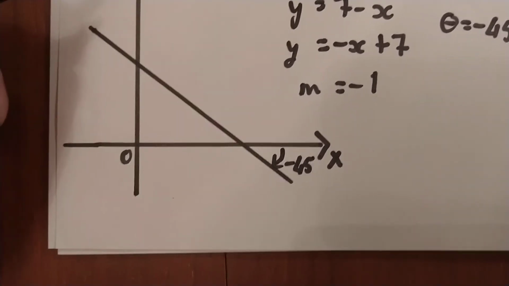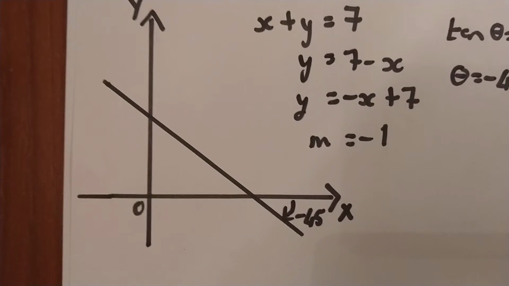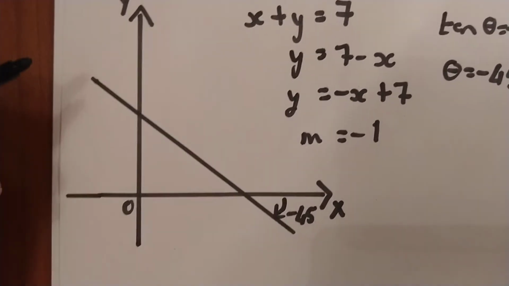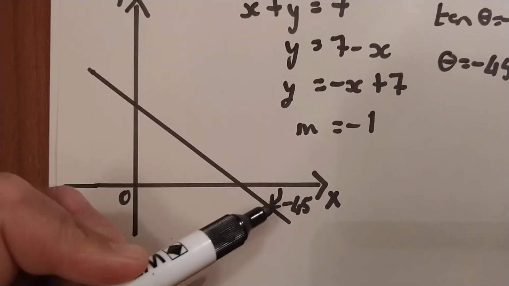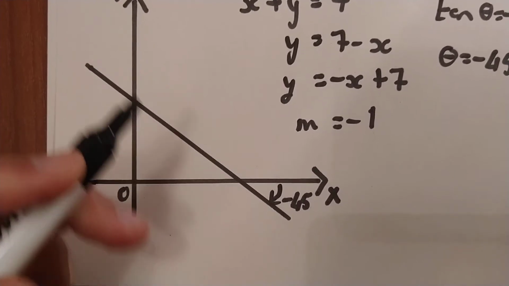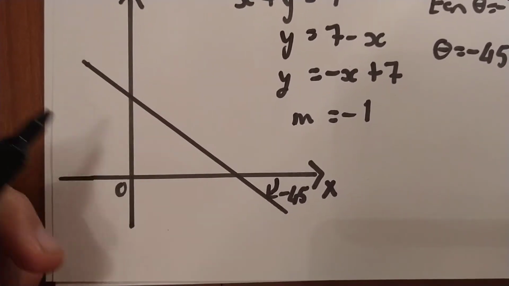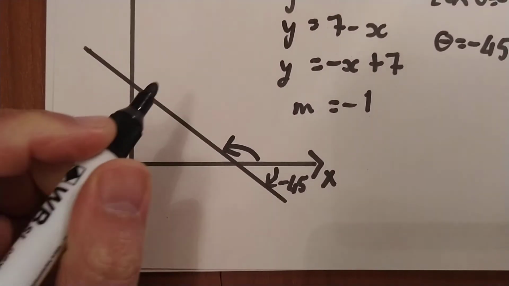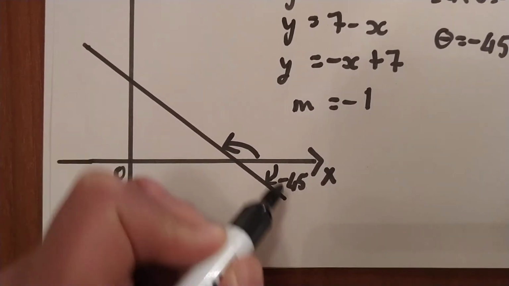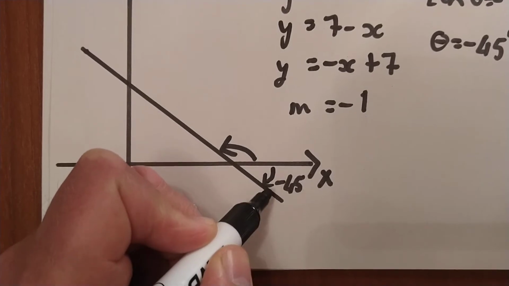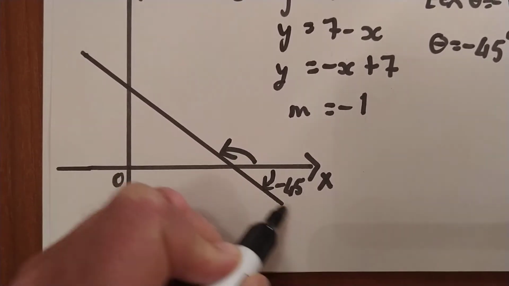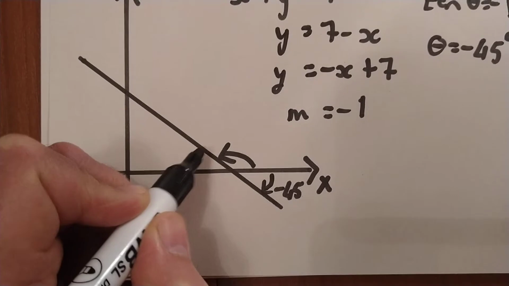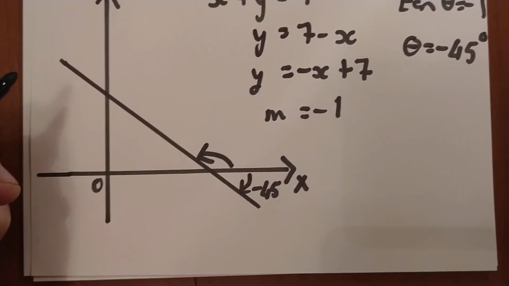So how do we write down our answer? Well, it depends what the question is asking. If the question says something like, what is the anti-clockwise angle from the positive x-axis, then you would say, the anti-clockwise angle going this way, that's the angle they're looking for. We know that this is negative 45, so this angle here must be, a straight line is 180, take off 45.